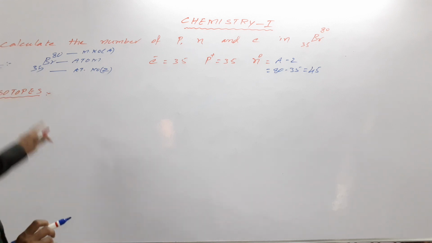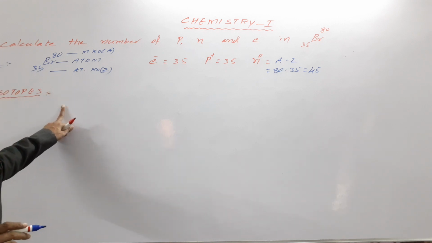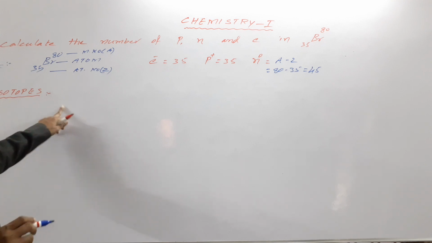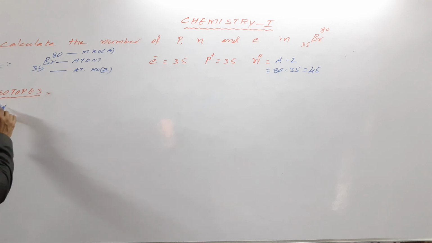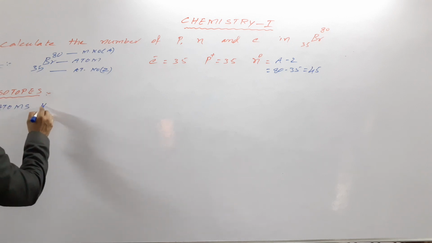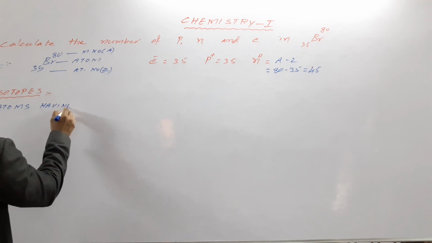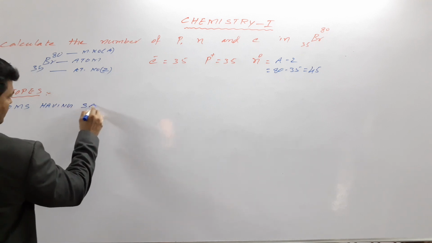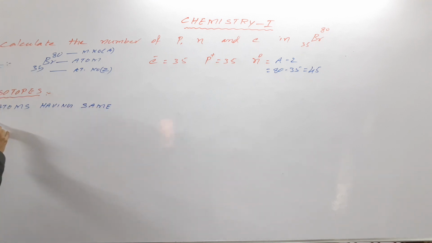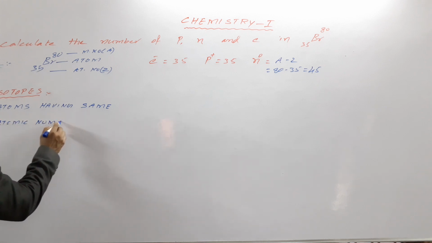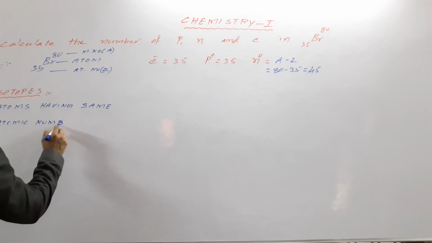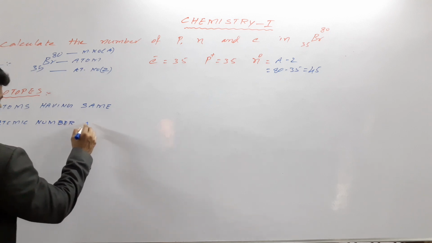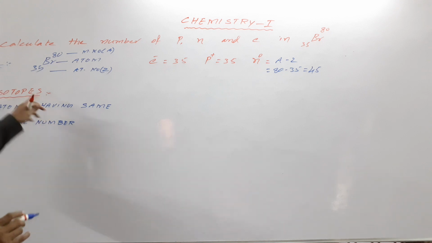Atoms having the same atomic number are called isotopes.